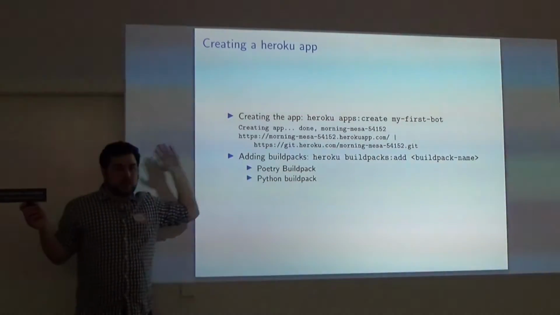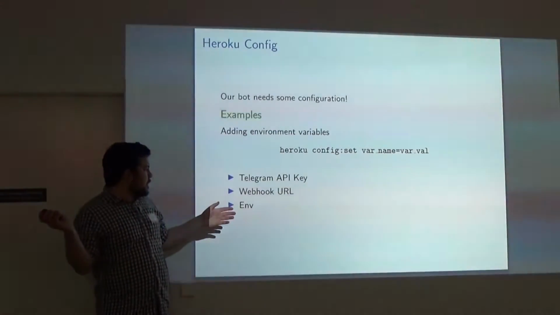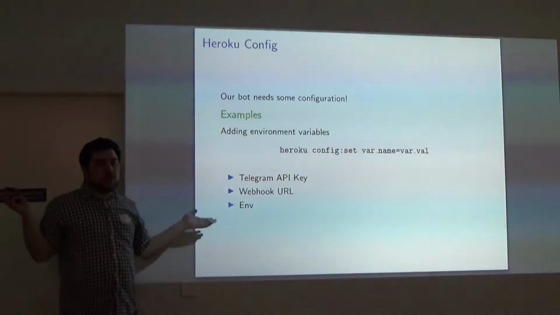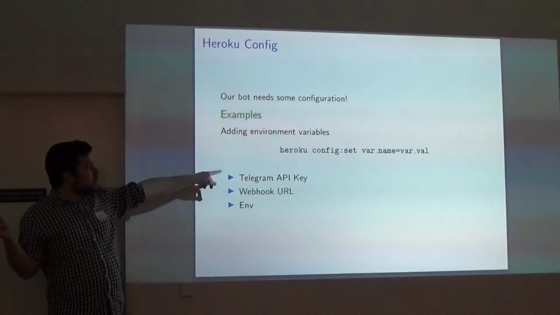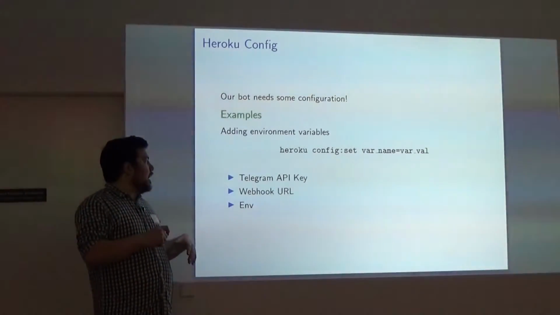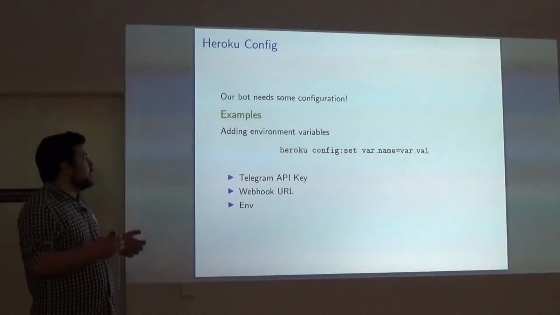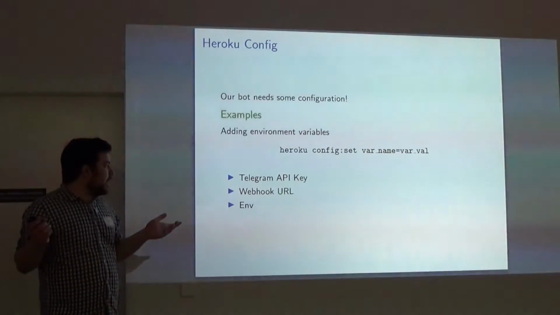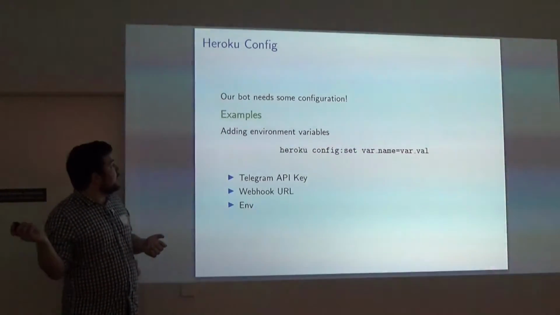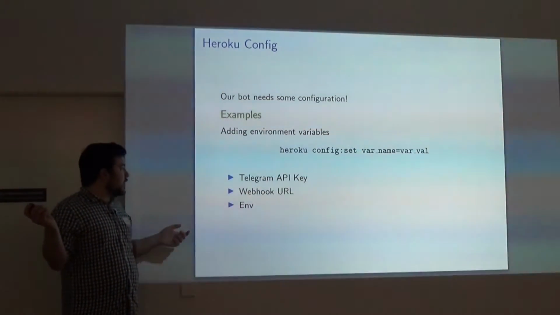So note it down because we will need it later. To set up a variable, it's just heroku config:set, the variable name, equals, and your variable value. Sounds like bash to me. And yeah, we need to set these things.